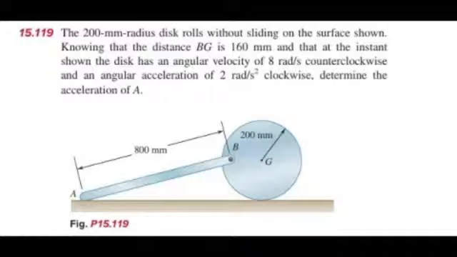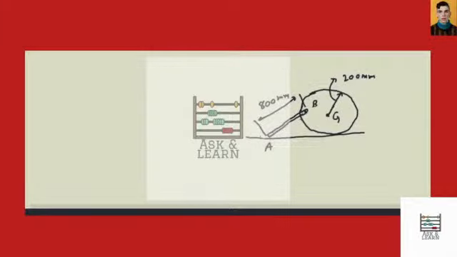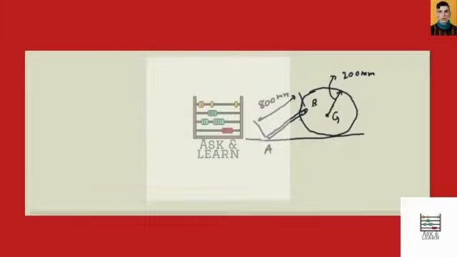So I'm going to, in green, indicate that this is 2 cosine 20. Without sliding. And this is 2 sine 20.